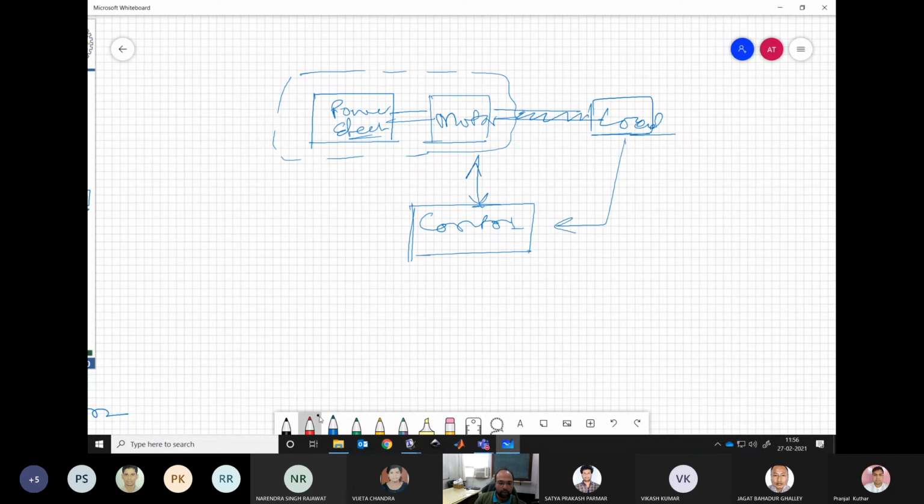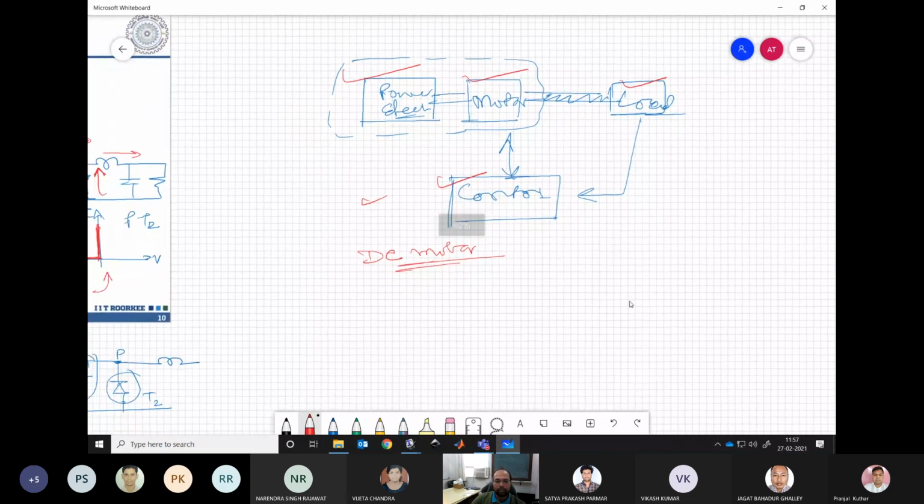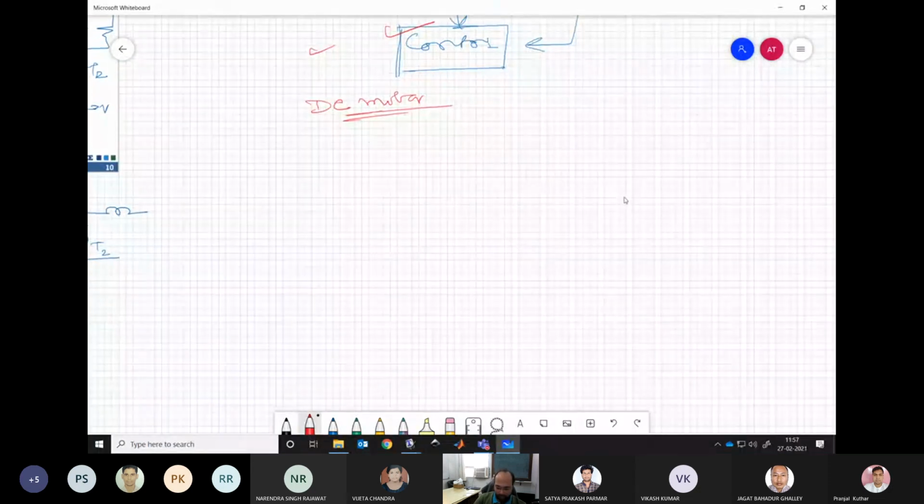So all three aspects are now complete for the DC motor drive, and particularly we have taken the case of a DC motor with separately excited field. So this completes this portion, and next we will start the control of induction motor.